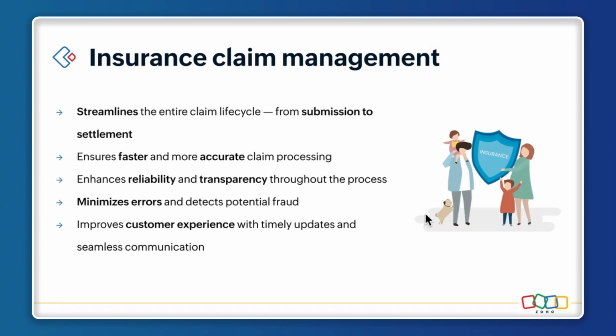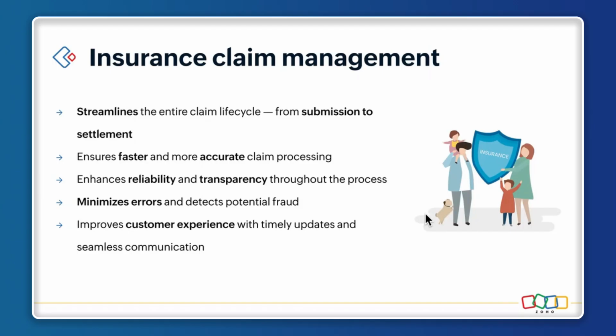This minimizes manual errors, and it will be very helpful to detect potential frauds at a single click. This improves customer experience by giving timely updates and proper communication between the insurance company and their policyholders, that is the customers. So automating insurance claim management can provide these many benefits.